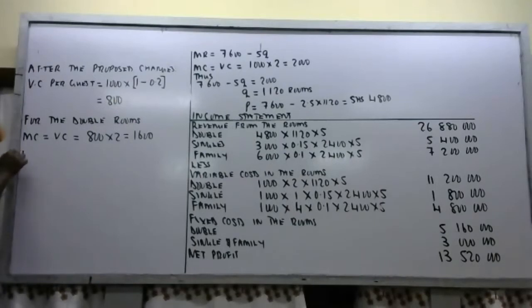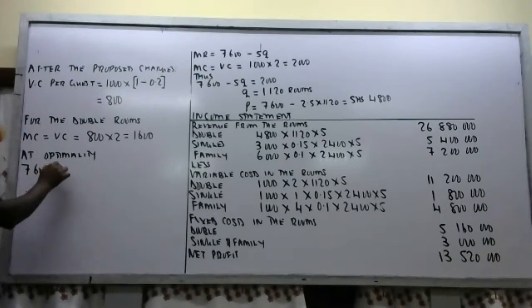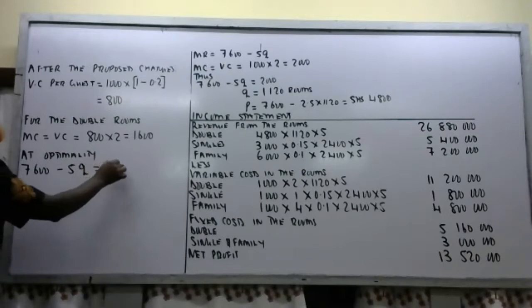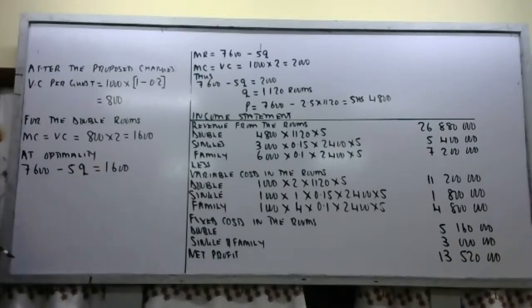Then at optimality, we know that our marginal revenue remains the same way we had it up there. So we will say 7,600 minus 5Q is now equal to 1,600.